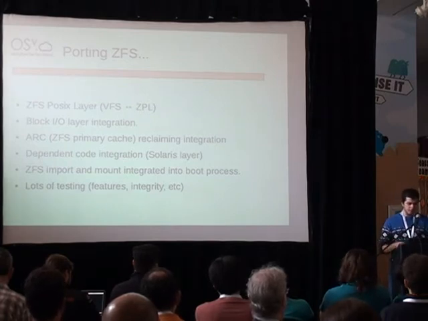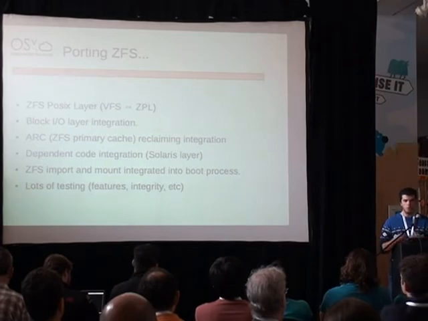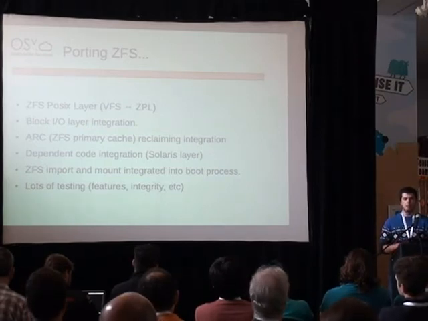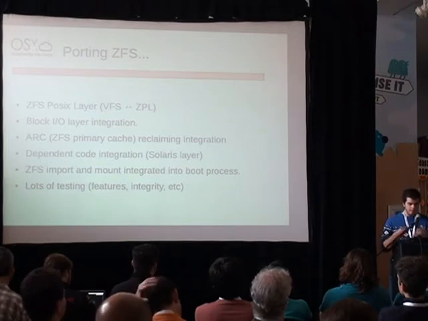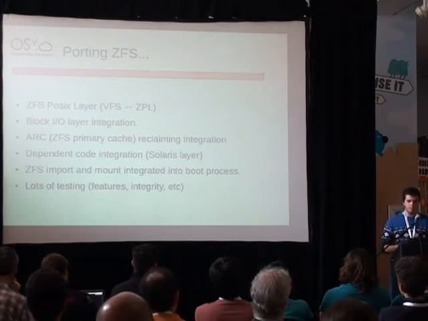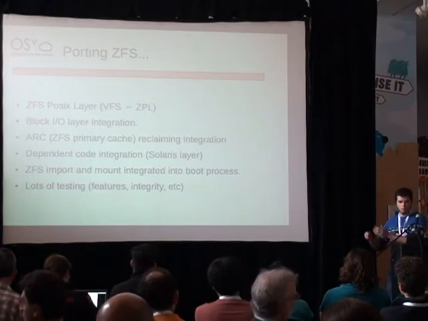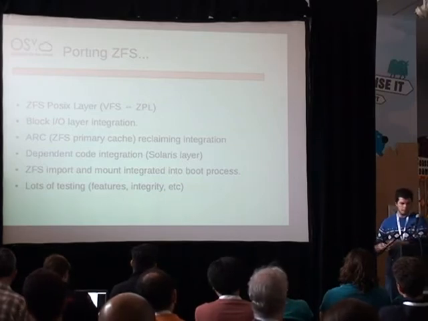The next step was to integrate the adjustable replacement cache, ARC, which is the ZFS primary cache. The main purpose of having an operating system is to run applications. So if ARC is using a lot of memory, it needs to give that memory back to the operating system to give to the applications.